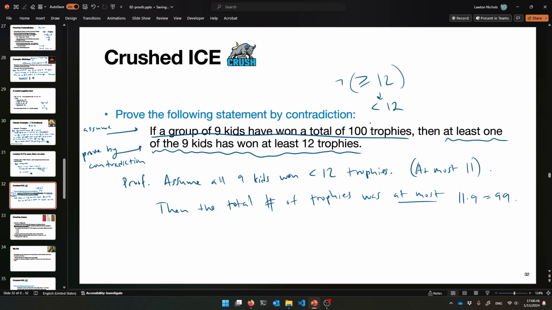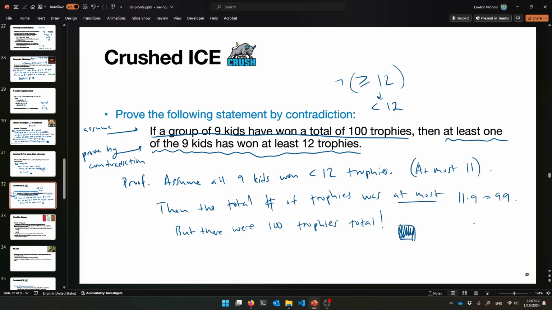But we're assuming that there were 100 trophies total. Do you see how that's a contradiction? We're assuming that there are 100 trophies total, but we've also shown that there can be a maximum of 99 of them. Those two statements are contradicting each other.